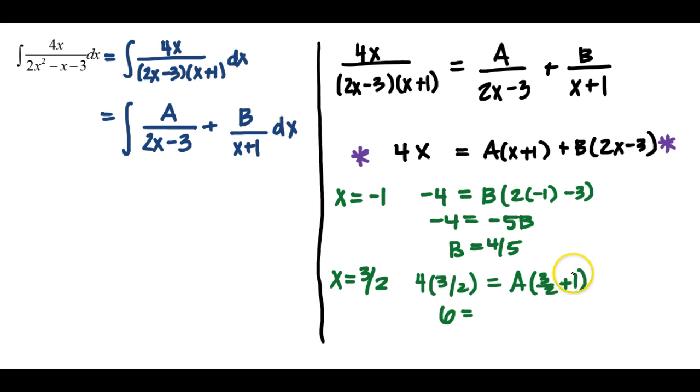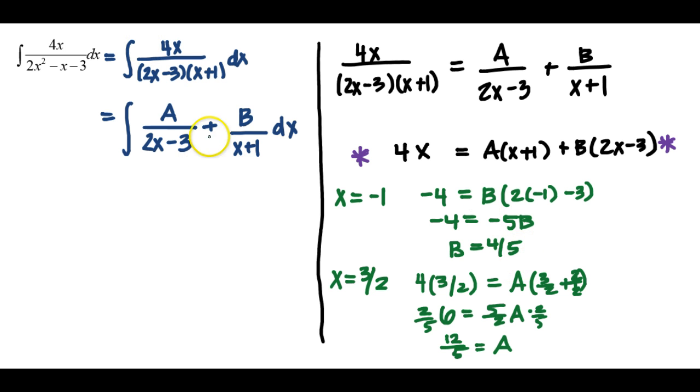And over here, 1, that's 2 over 2, so this is 5/2. So this is 5/2 a. So now, to get a by itself, we have to multiply both sides by its reciprocal, 2/5. So what I have over here is 12/5 for a. So a is 12/5 and b is 4/5.